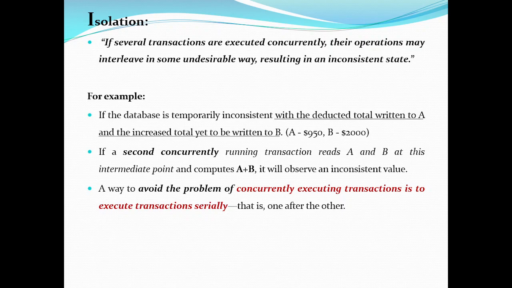If a second concurrently running transaction reads A and B at this intermediate point and computes A plus B, it will observe an inconsistent value. A way to avoid the problem of concurrently executing transactions is to execute the transactions serially. So if you find that there is dependency, we cannot execute the transactions simultaneously. We are supposed to do one after the other in sequence.